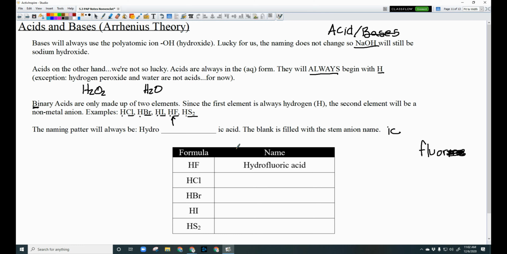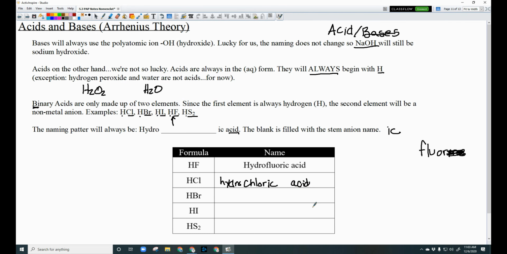So this is hydrofluoric, and then the word acid. Hydrofluoric acid is HF. If we're using that same pattern, here we see two elements. It begins with an H, so it's an acid. So this is going to be hydrochlorine. We're going to change the ending to ic: hydrochloric acid.